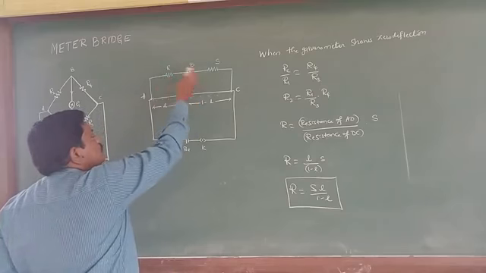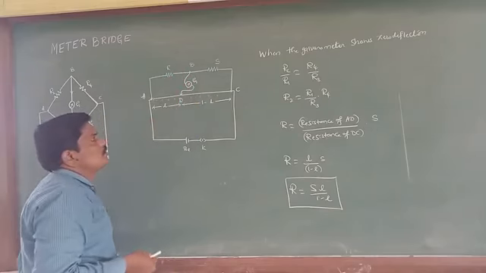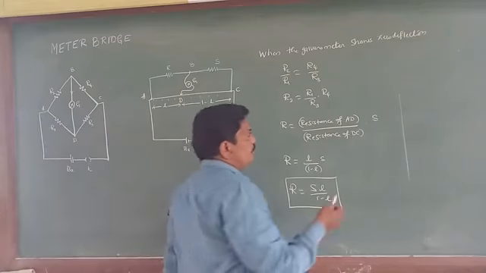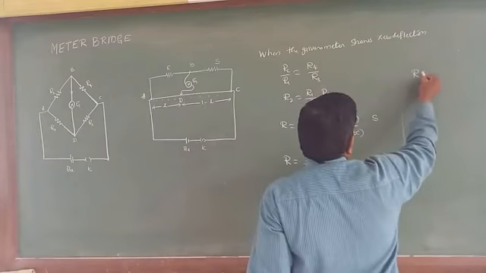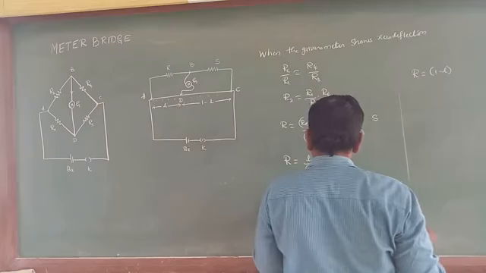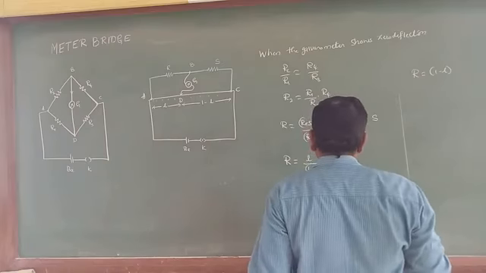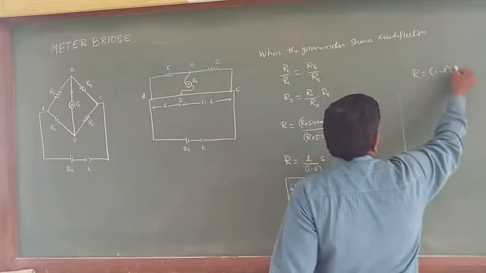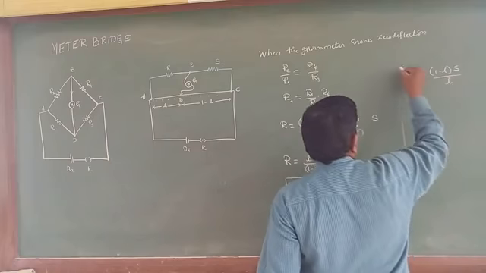What happens if you interchange these two? Then we can write the resistance equal to 1 minus L into S divided by L.